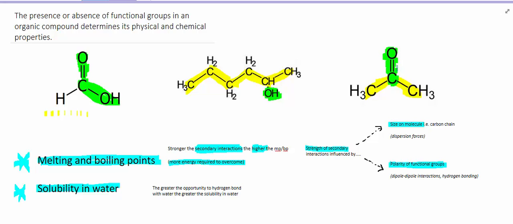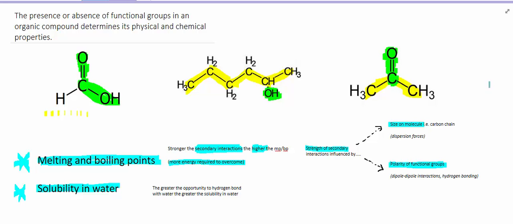So what this means is completely non-polar molecules are not able to hydrogen bond with water, so they won't be soluble. Whereas anything which has an amine or a hydroxyl or a carboxyl, which can hydrogen bond with water, could possibly be soluble in water.